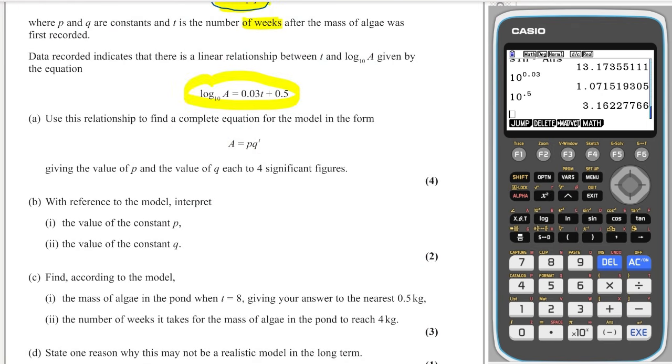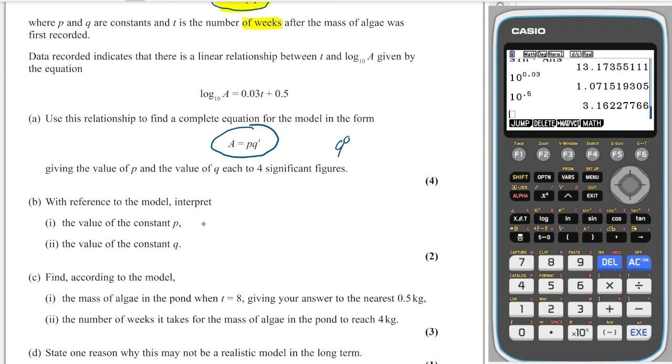Okay, so if we look at this model here, if t is 0, then we get Q to the 0, which is 1. So just A is equal to P. So t equal to 0 means it's initially, as the model starts.